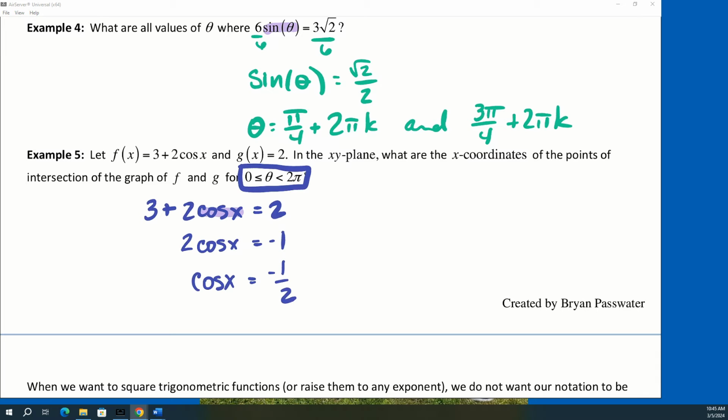And because we're told just to find the intersection between 0 and 2 pi, we would look at the whole unit circle and find all the angles where the x-coordinate is -1/2. So it looks like that's going to be 2 pi over 3 and 4 pi over 3.